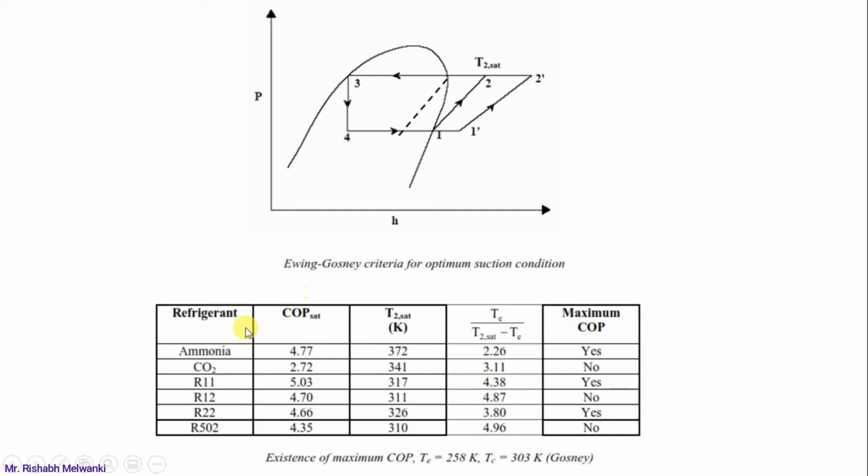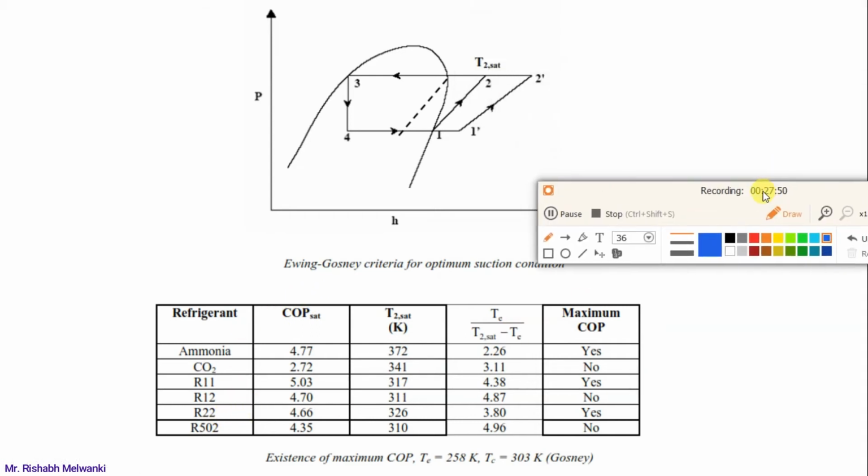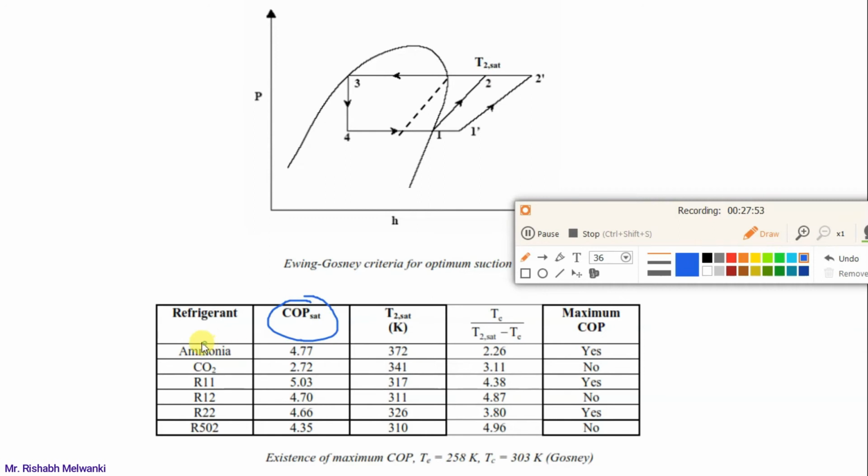If I consider ammonia refrigerant and a standard vapor compression refrigeration system, meaning point 1 is dry saturated vapor and point 3 is saturated liquid, whatever COP I find out for this cycle, H1 minus H4, the refrigerating effect, upon H2 minus H1, whatever value I get, that is called COP SAT. So that is this value, 4.77.